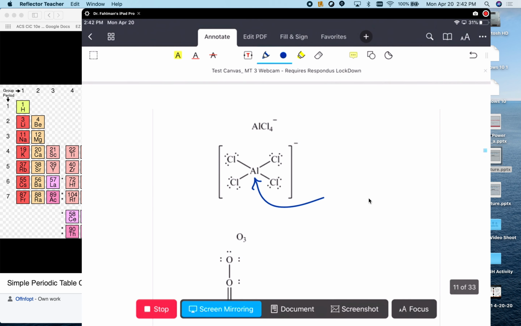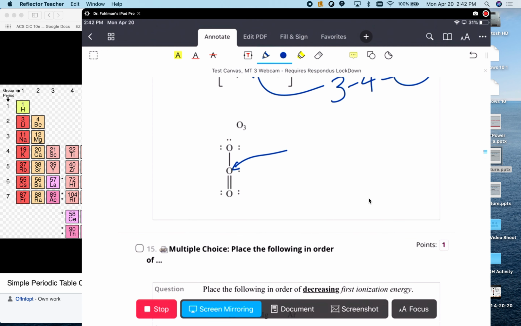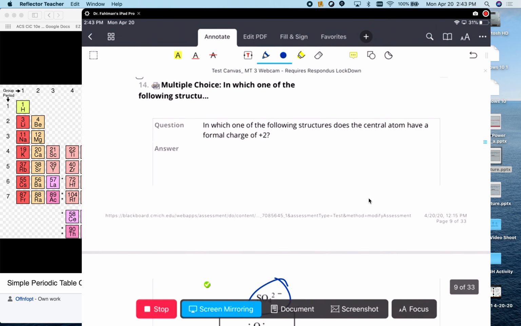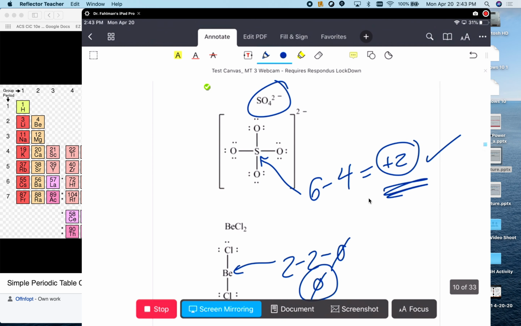This one would be 3 minus 4 bonds, so that actually would be a -1 charge. And then this, the central atom, would be 6 minus 3 bonds, and then another 2 dots, so that's a +1. So the only one with a charge of +2 is this one.